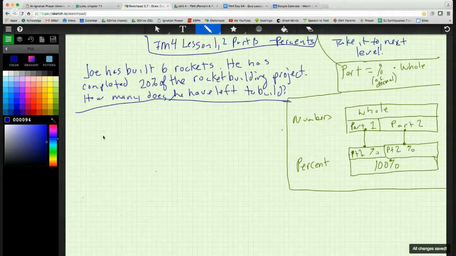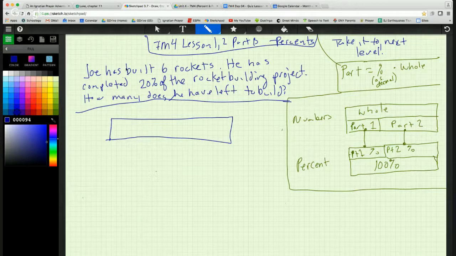Okay, so let's look at that. We have a whole, which I don't think we know. These are our numbers. Okay, you should try and do this. Make sure you try and do this and pause the video before you come back.